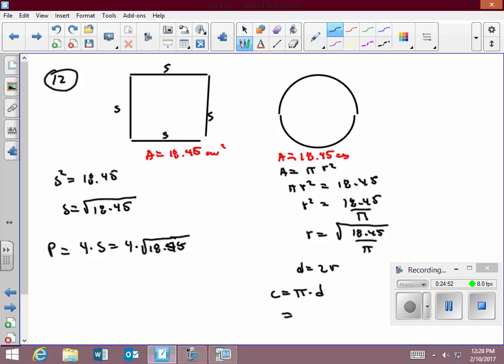So we're going to have pi times 2 times the square root of 18.45 over pi.